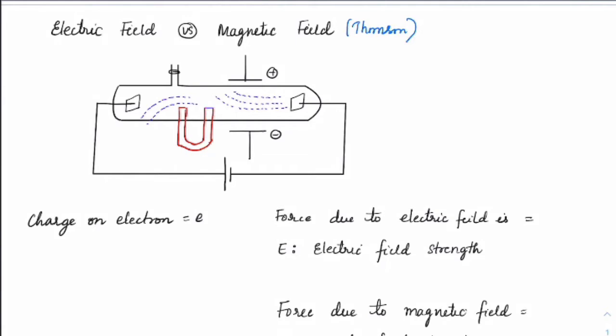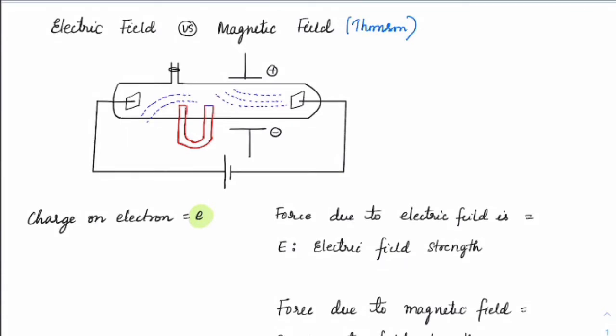Right? So this can be mathematically very helpful for us to derive the relation between charge of electron and mass of electron. Let us assume the charge of electron is e. Then the force due to the electrical field on the cathode rays can be written as charge into electrical field.